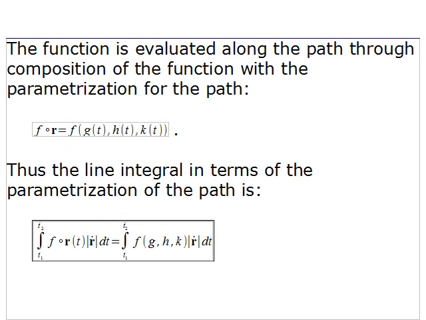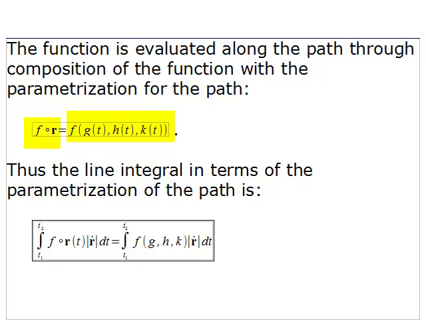So the next thing I do is evaluate the function along the path. I don't care about the function any place in space except along the path. So I'm going to parameterize it by using composition. F composed with r. This looks messy, but it means F composed with r. And when you see an example, it's obvious. You don't have to worry about this notation. So in other words, I'm going to compose F with r, and that will give me the value of the function along the path.